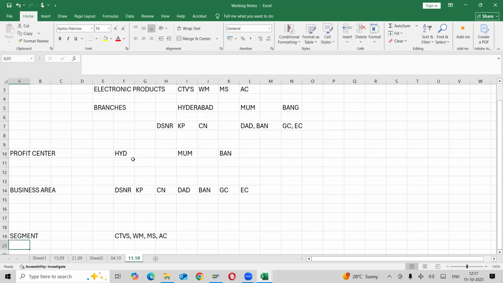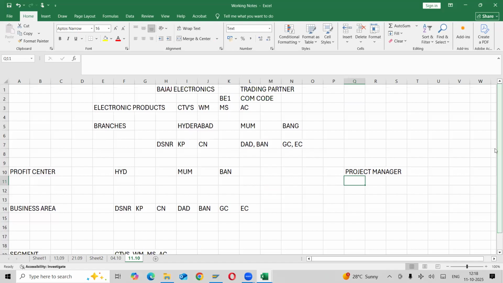So you can propose anything. When you gather the requirement from your customer, they will say these are our structure, so we need to propose. In real time, your project manager will propose. According to that, we need to do the configuration.